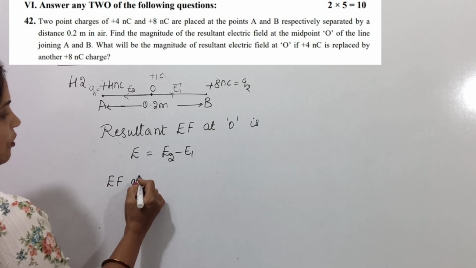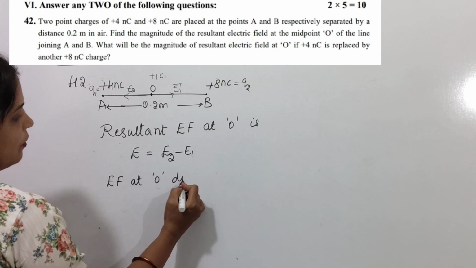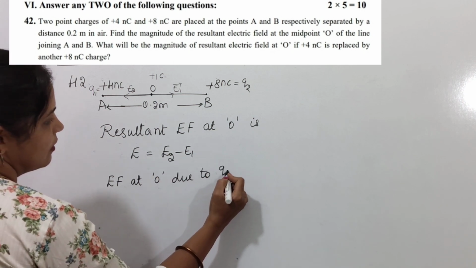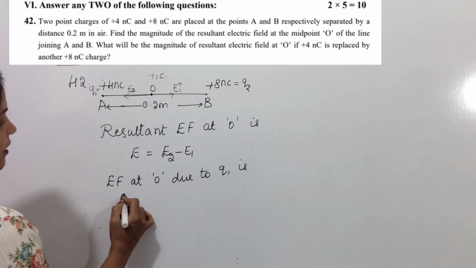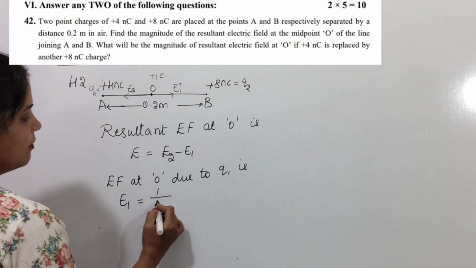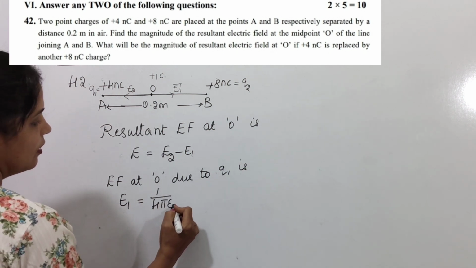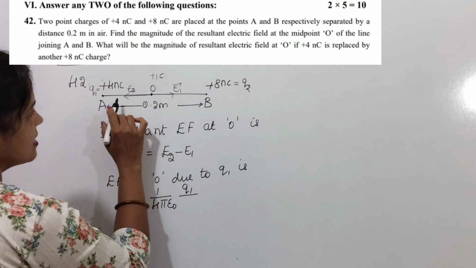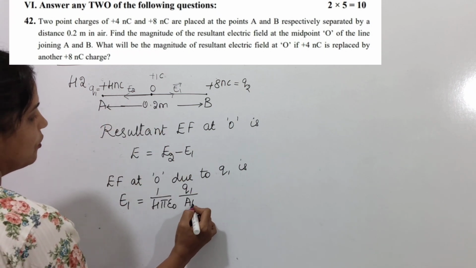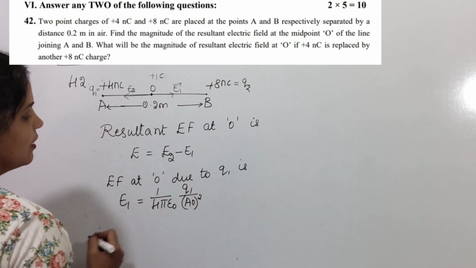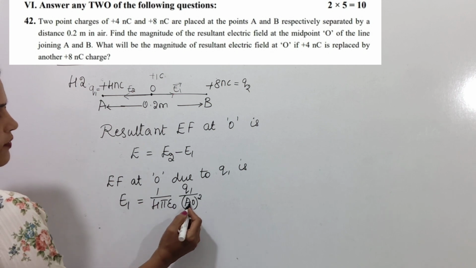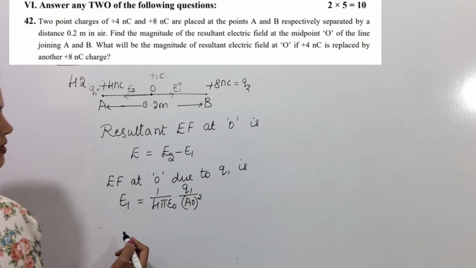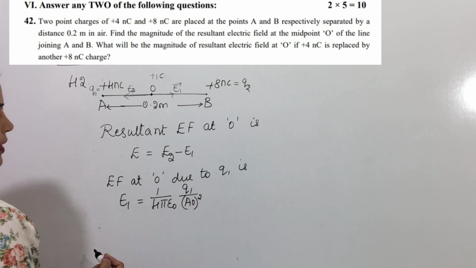The electric field at O due to Q1 is E1. It is 1 by 4 pi epsilon naught times Q1 by the distance, the distance from A to O, squared. The electric field is inversely proportional to the square of the distance, so Q1 by AO squared.